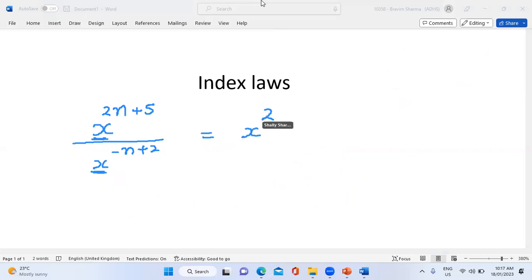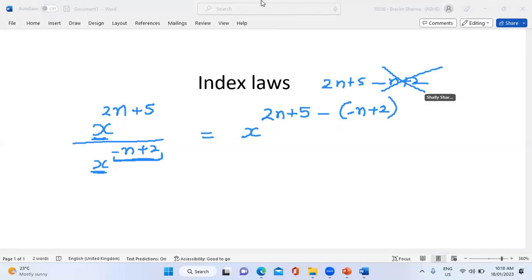So the first power, the exponent value, is 2n plus 5. And because here we have two terms, it is always better to write minus and the expression in brackets. Don't write it directly as 2n plus 5 minus n plus 2. No, that is a wrong way.